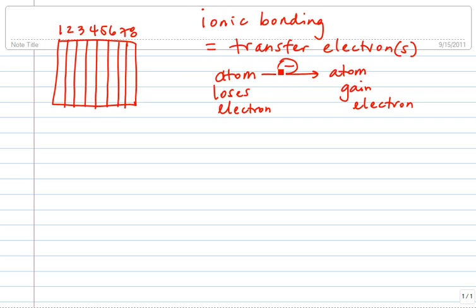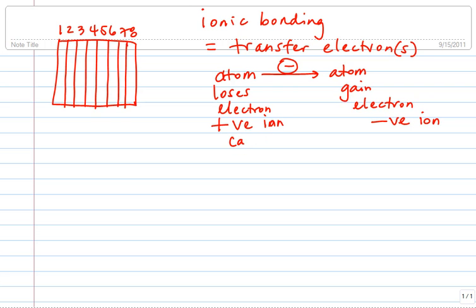So if you move a negatively charged particle from one atom to another, then this atom becomes more negative, and we now call it an ion. And what's left behind is more positive, so that too becomes an ion.